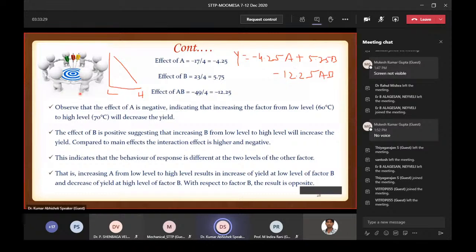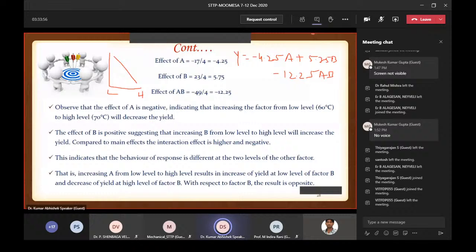Similarly, if you look at factor B, it has the positive sign. It suggests that if you are increasing the value of B from low to high, then the yield is going to increase. Am I clear or not?